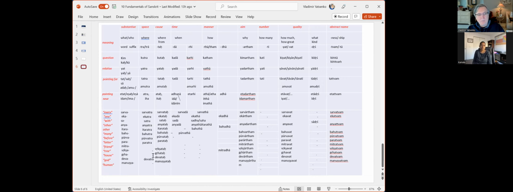Tataha, there from, ataha, here from, or from here. Sarvatah, from everywhere. Ekatah, from one side. Anyatah, from another side. Itaratah, and so on. Bahutah, from many sides. And tah you can use with any substantive without exclusion.